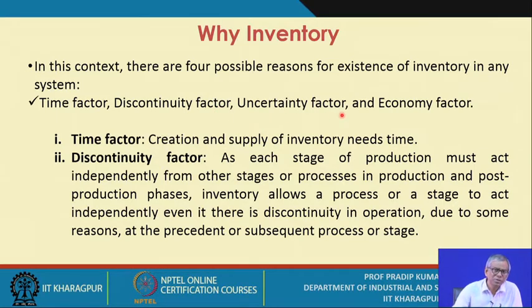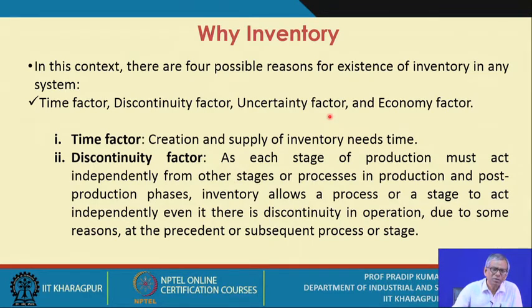The third reason is obviously the uncertainty factor, right? Many of the problems you will find under inventory are basically problems under uncertainty. That means even the demand is not known. Sometimes the demand is low, sometimes demand is high. Is it okay?